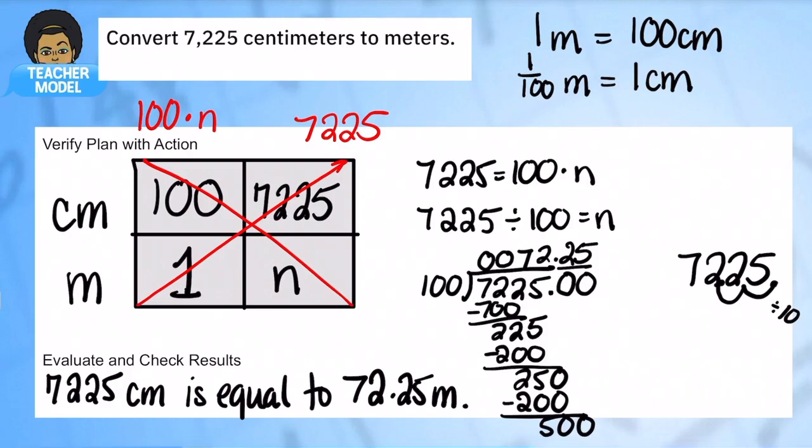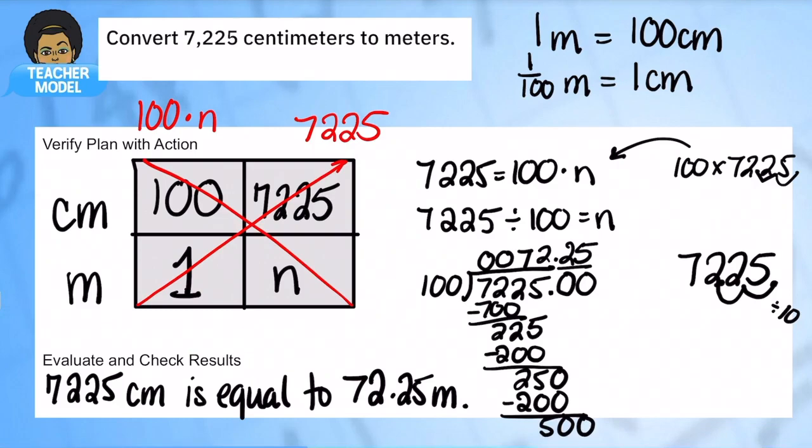So if you ever wanted to, you can go back into this original statement and put in, is 100 times 72.25 equal to 7,225, and you will find that it is. Because again, I'm looking at my decimal, so I move it 1 time is times 10, and if I move it another time after that, it's times 100. So yes, it would give you that number.